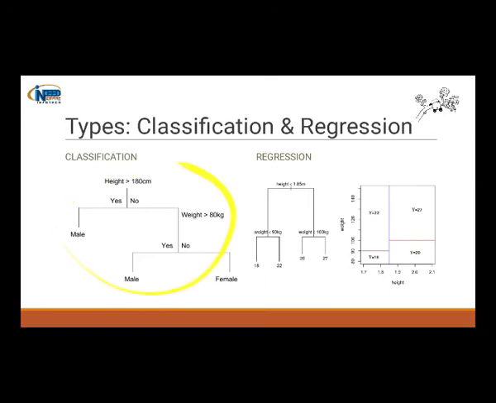Now moving on to the examples in classification and regression. So this is a decision tree in classification. Again we have a root node and the branches, and these are the leaf nodes that we have, which are actually providing the decision whether the person is male or female. Similarly, when we talk about regression problems, we have a bit different decision tree.